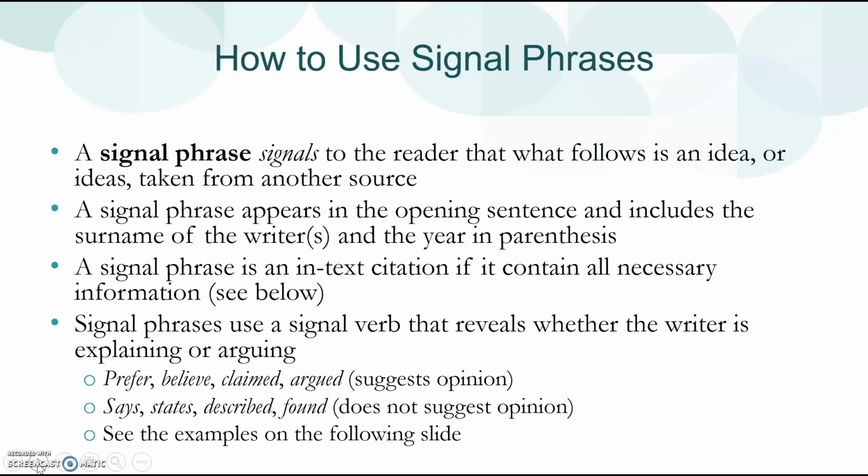The verb is important because it tells the reader whether something is an opinion or not. For instance, if you were to use the verb claimed, in my professor claimed that, it suggests that there are other possibilities, there are other claims.